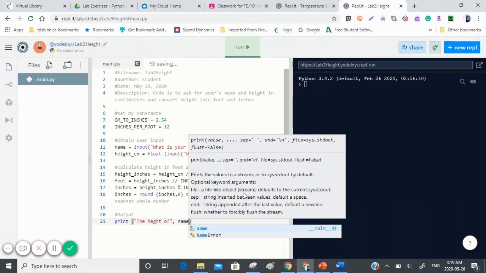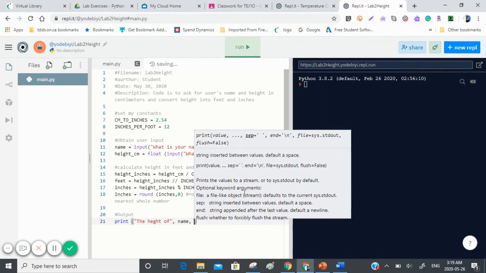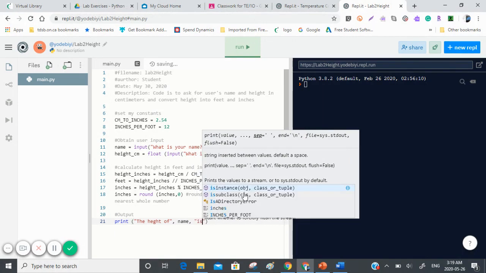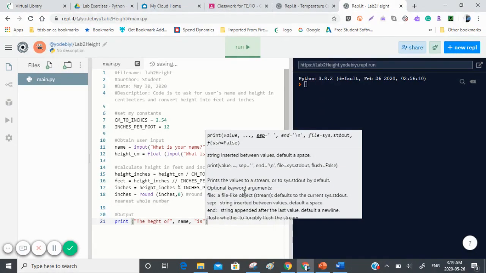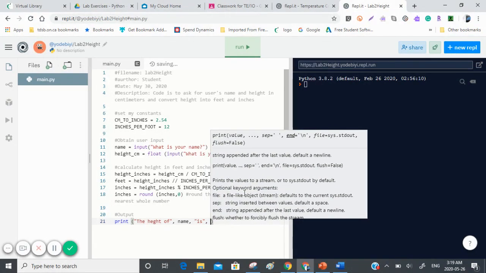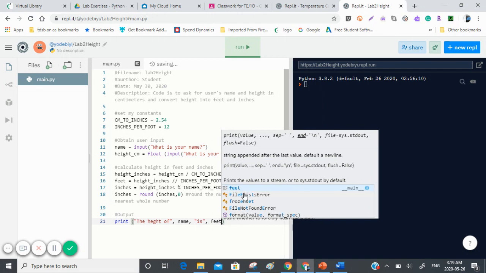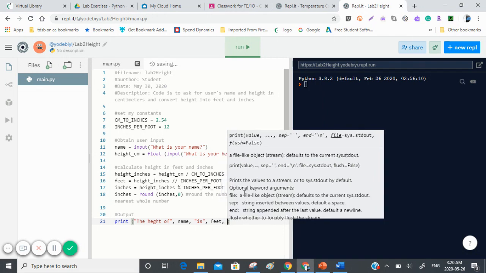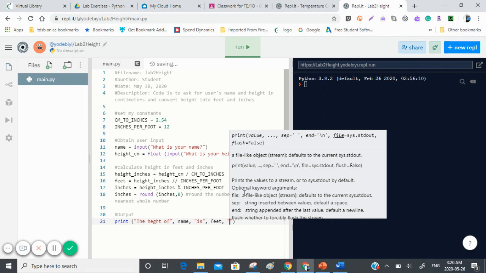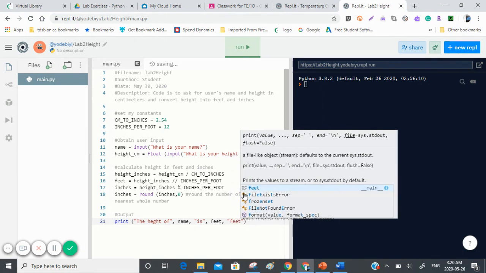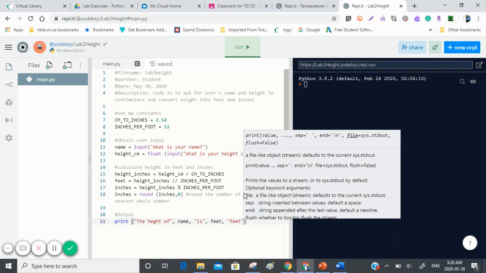So the height of, if I'm asking for the name, be Mr. Odebi. That's what's going to come out. So comma, and quotes again for is. Then comma, feet, comma, and then quotes. That gives me the units for feet.